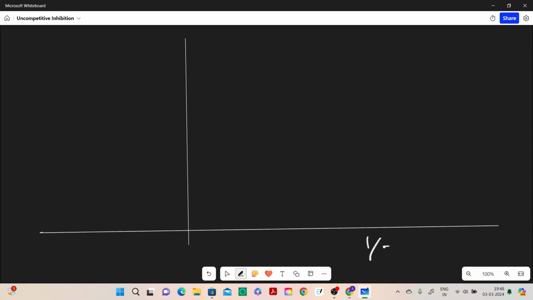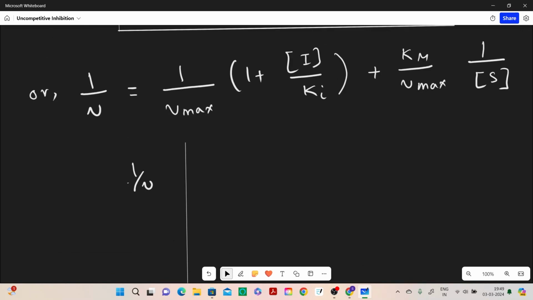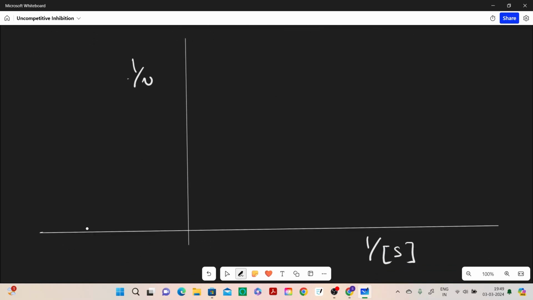So the x-axis is 1 by substrate as usual, and the y-axis is 1 by V. So when 1 by S is equal to 0, then 1 by V becomes 1 by Vmax into 1 plus I by Ki. So in a normal case, suppose this is the Lineweaver-Burk plot for a normal enzymatic reaction without any inhibition, where this is 1 by Vmax and this is minus 1 by Km.